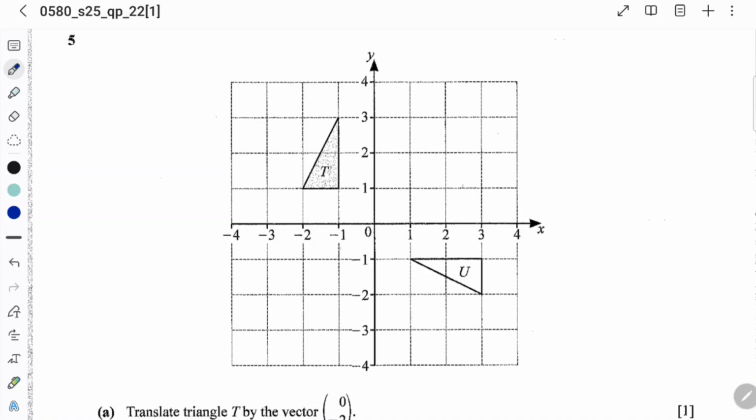So minus 2 is this one, this point will come over there, 1, 2, and this point will remain here, and then the next one will come over there. I hope you understood. All the vertices we just brought 2 steps down. This is the answer for part A.